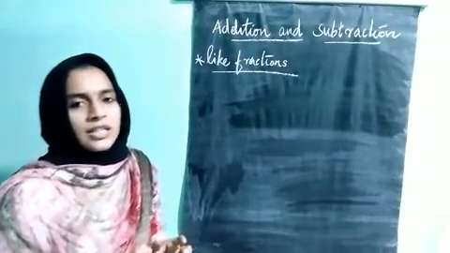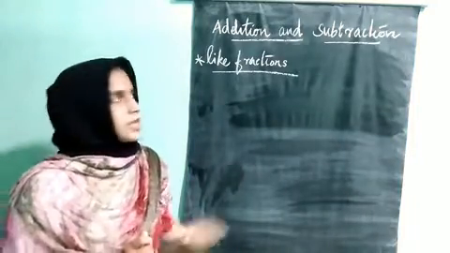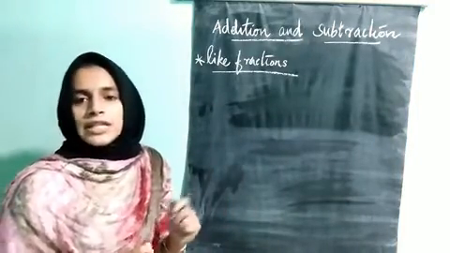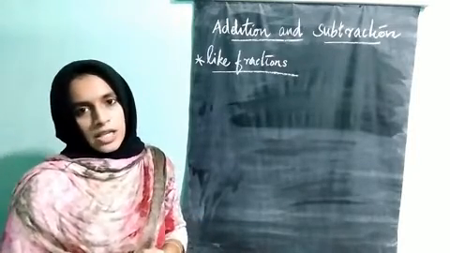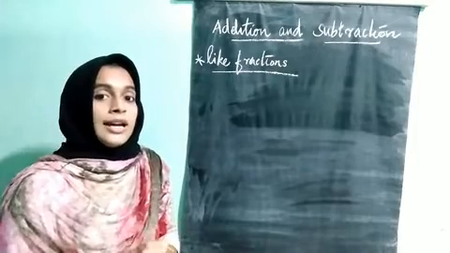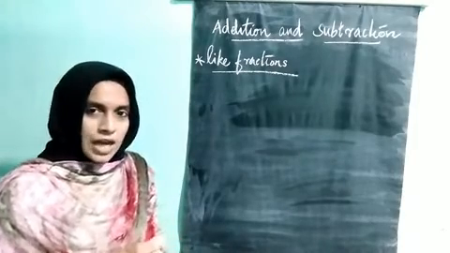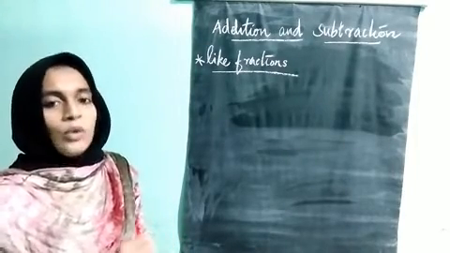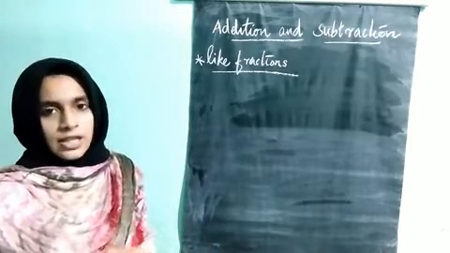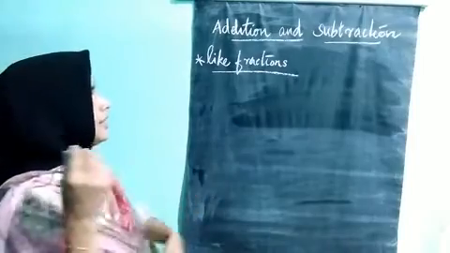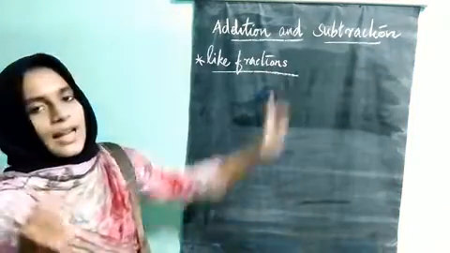First one is like fractions, addition and subtraction. What do you mean by like fractions? The denominators are equal. So how do we add or subtract the like fractions? Write the heading as like fractions.